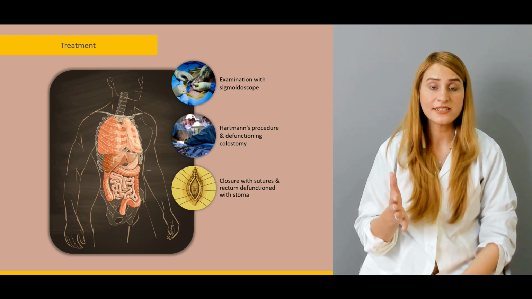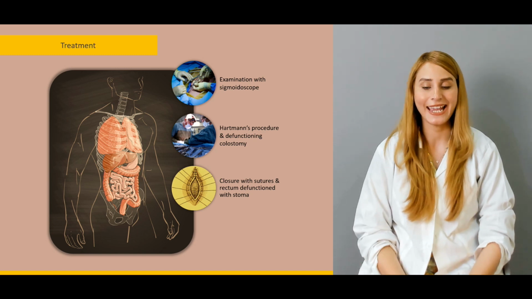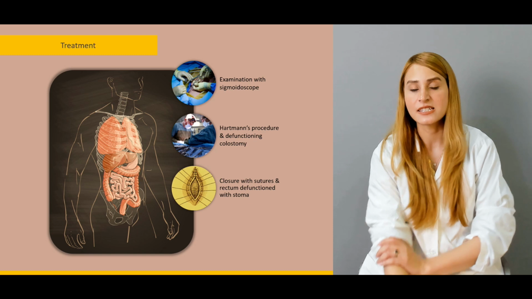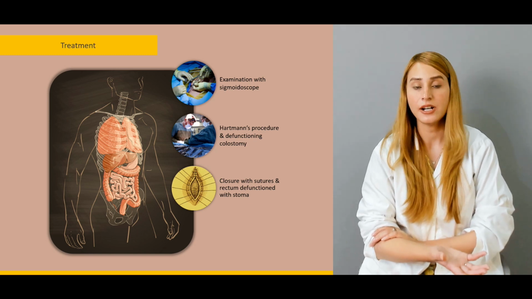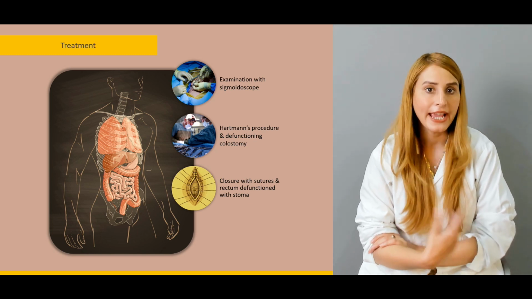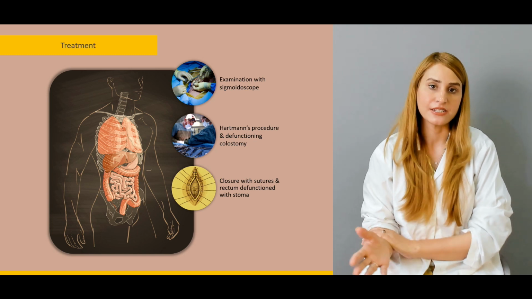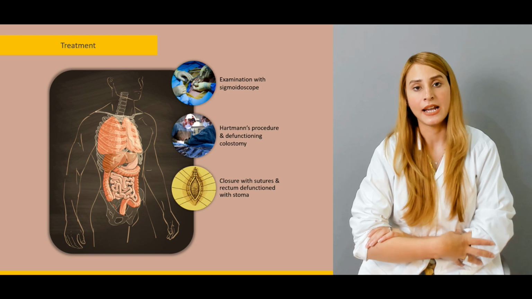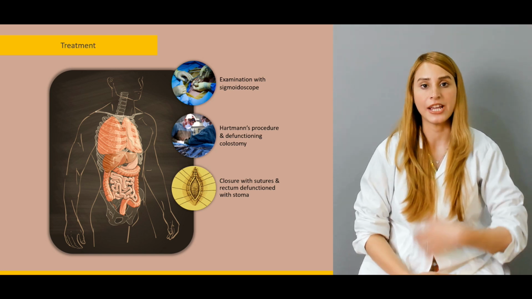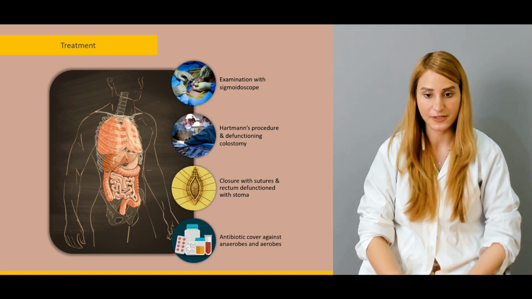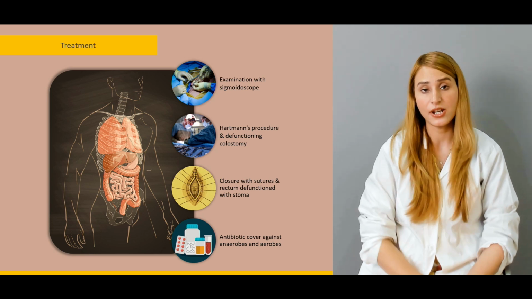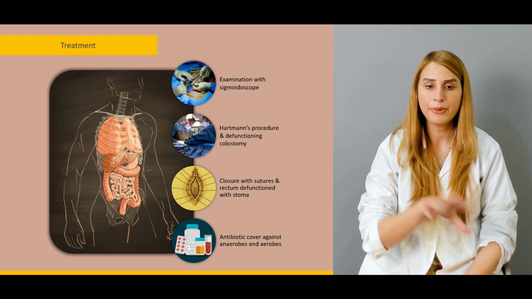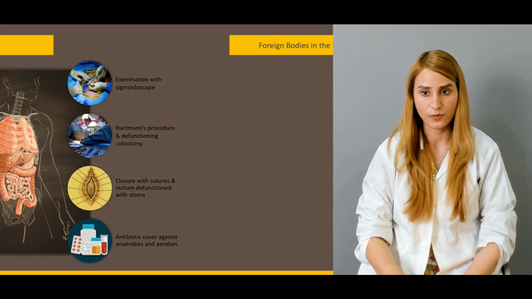Or what else you can do is closure with sutures, and the dysfunctional rectum is brought to the exterior in the form of a stoma, exteriorized and then later resected, and then the primary anastomosis is established, and the reversal of the colostomy takes place later on. And plus you have to go for a good antibiotic cover, the aerobic cover and the anaerobic cover as well.